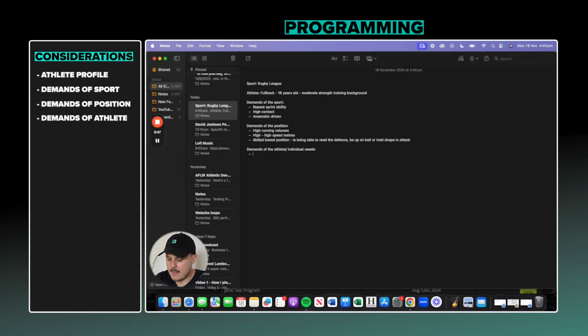So basically at 16 years old, we can make some pretty strong assumptions here that he's got low rate of force development.